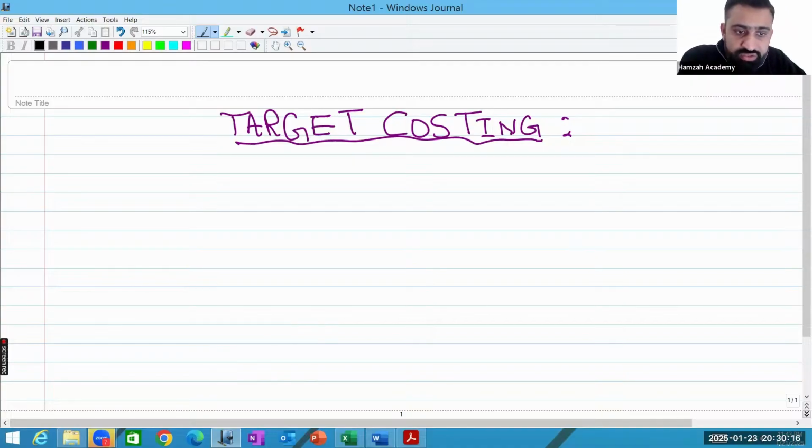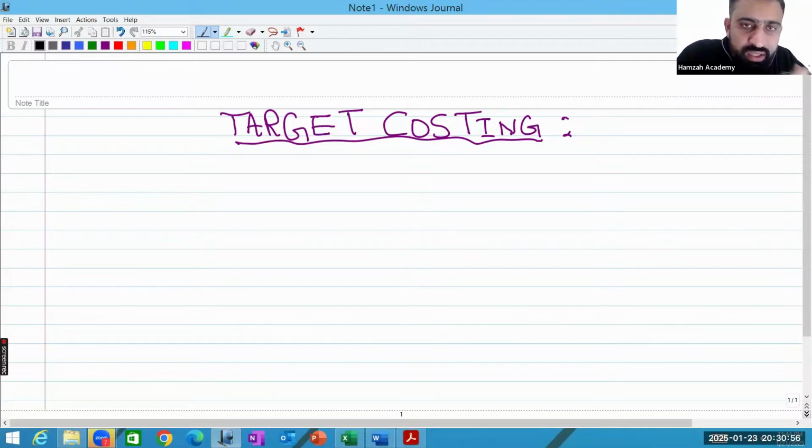Target costing is for a market where you cannot increase your sale price. If you increase the sale price, the customer has a lot of choices. They can move to another product. They have substitutes. So you cannot increase the price.